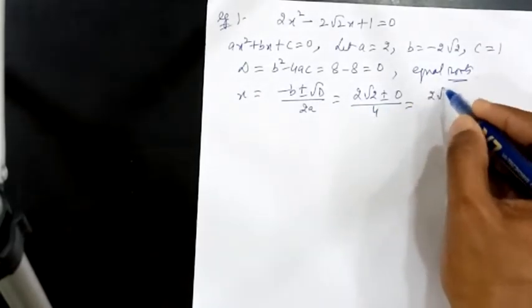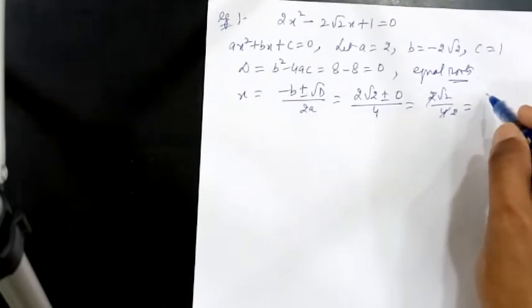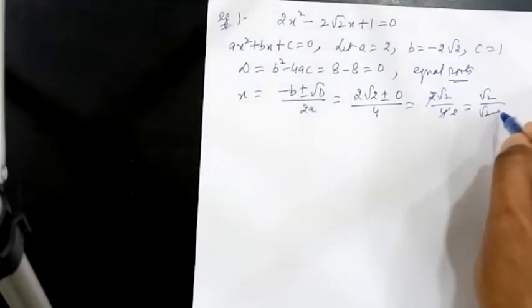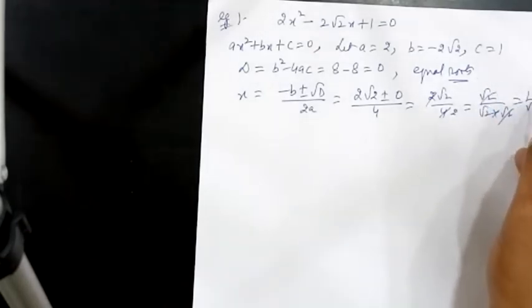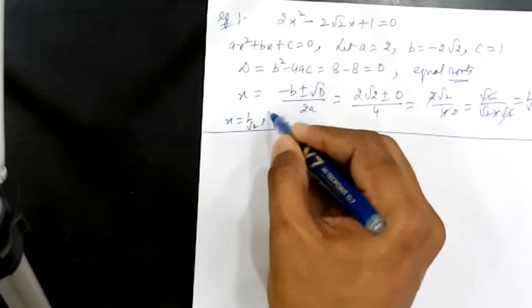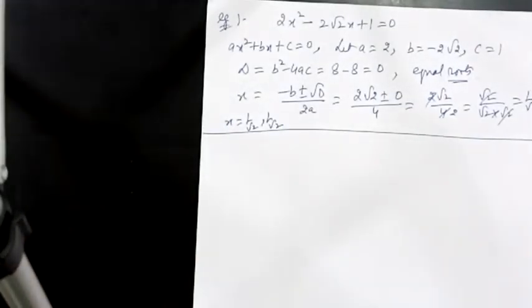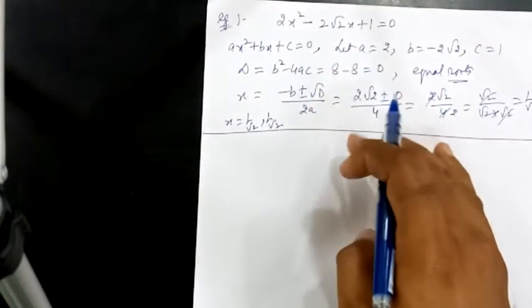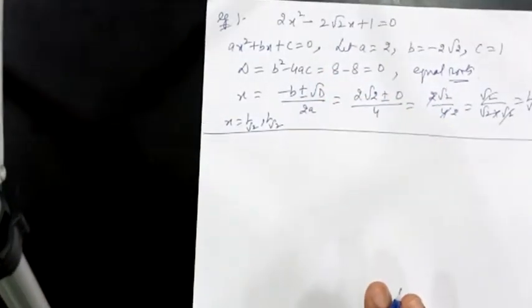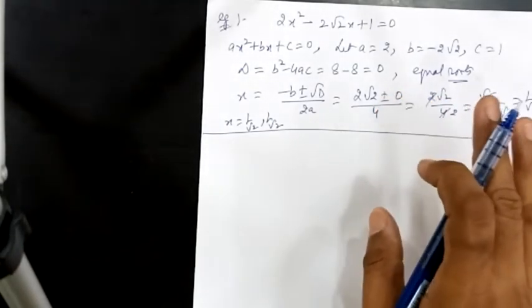So what you get is 2 root 2 upon 4, which gives 1 upon square root 2. So x will be 1 upon square root 2, and 1 upon square root 2, but both the values will be the same. Got it? So you should proceed only if you have the discriminant to be 0 or positive.